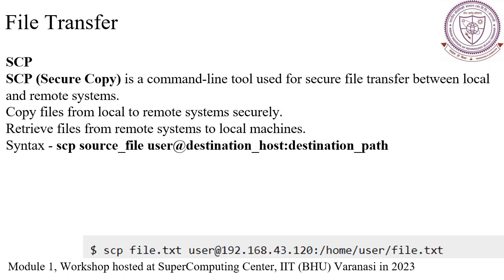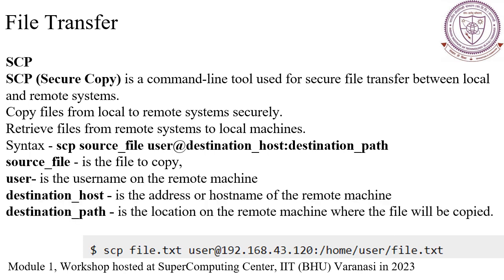Now see how we can transfer a file from the local computer to your destination, that is, to the remote computer. It is done by using the SCP command, that is, secure copy. Secure copy is a command line tool that is used for secure file transfer from the local system to the remote system.